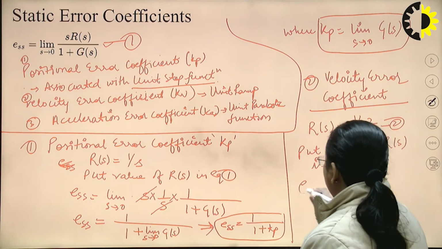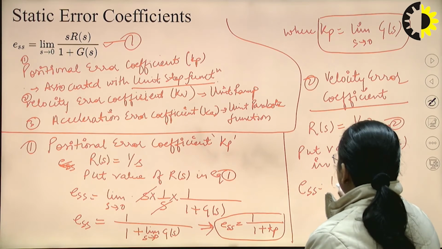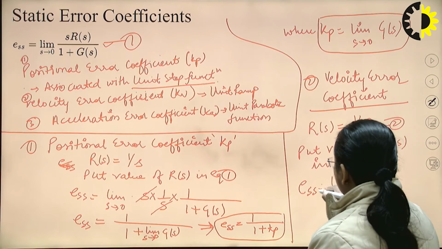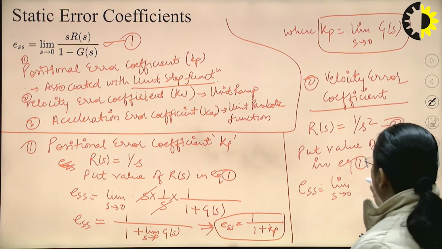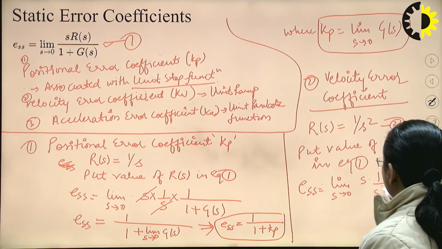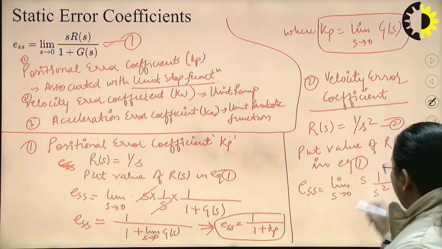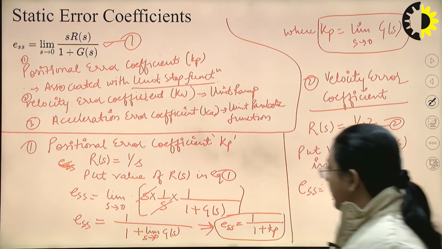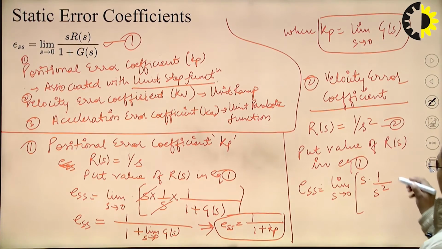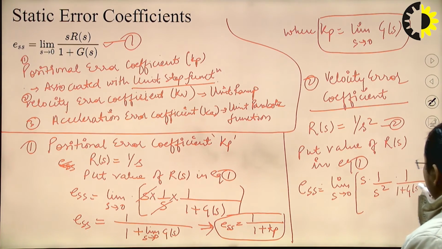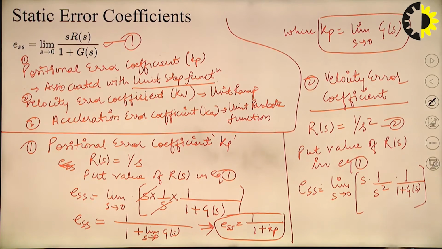So ESS will be equal to limit s tends to 0 of s into, what is R(s) here, 1 by s square, in brackets, into 1 upon 1 plus G(s).